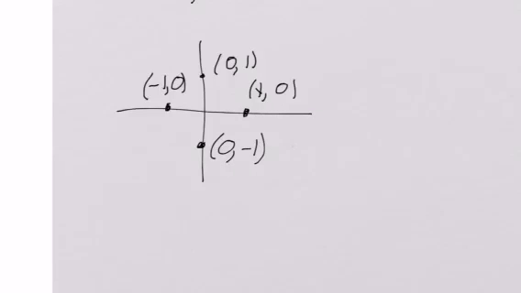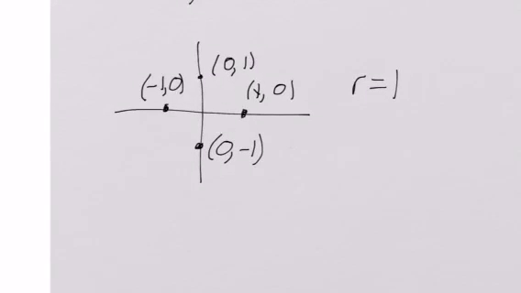So we'll go ahead and work these out. For all 4 of these points, r is going to equal 1. So I can apply the same things that I dealt with before to these angles. These are the only ones that you'll actually see an angle measure given to you on.